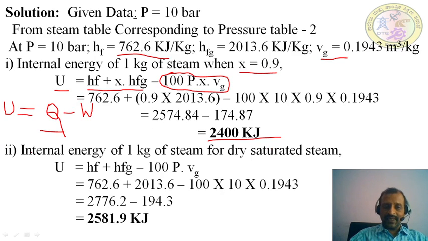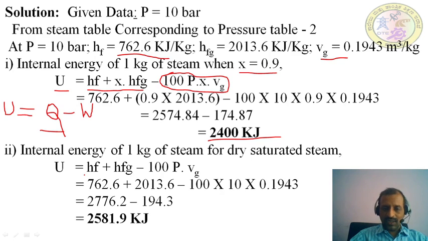In the second case, the internal energy of 1 kg of steam for dry saturated steam. In the above case, he said it is wet steam, so we introduced the dryness fraction x. But now in the second case, he is saying it is dry saturated steam, so you have to remove x.